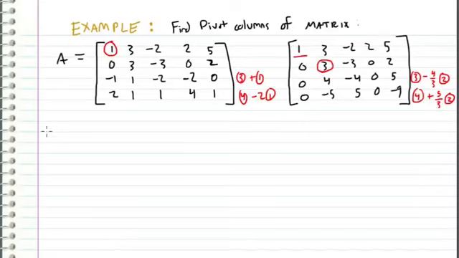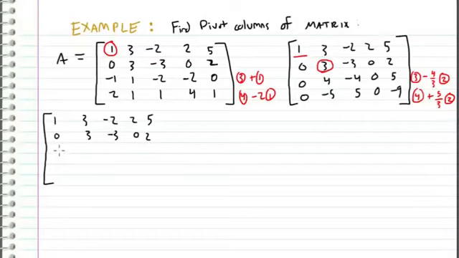So let's go ahead and do this operation, and what we get is 1, 3, -2, 2, 5. First row stays the same, second row stays the same. The third row, so we're taking row 3 and subtracting 4/3 times row 2.